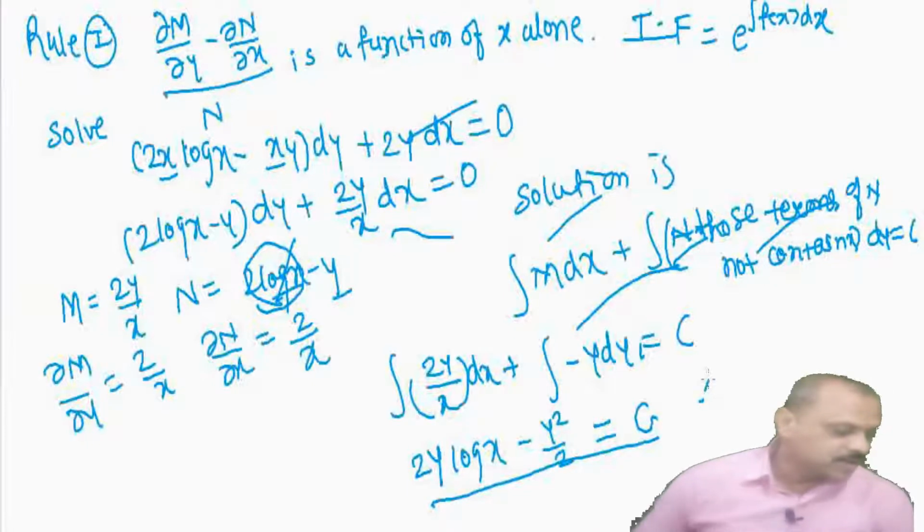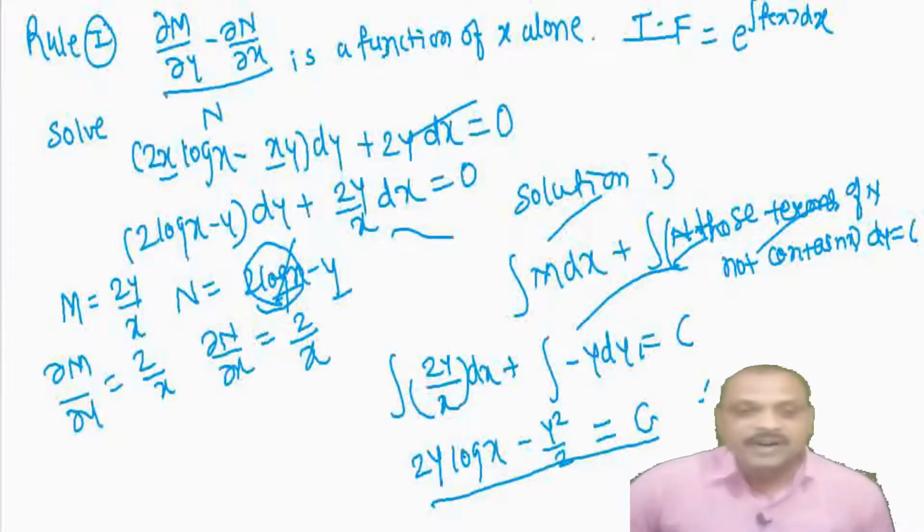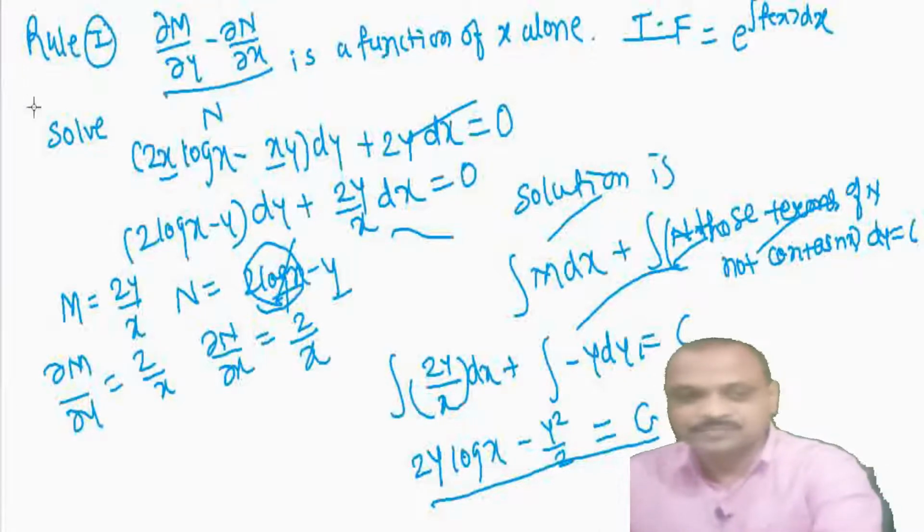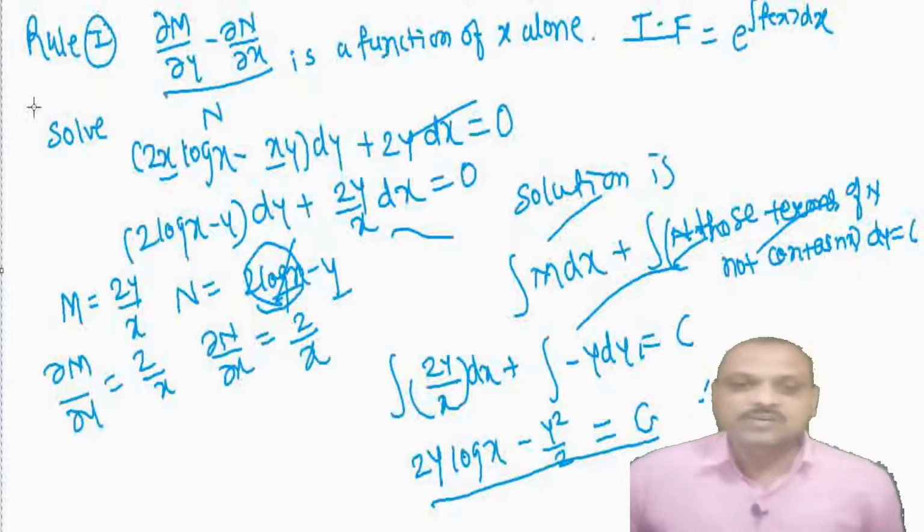Okay, right. So let us see the next rule for finding the integrating factor. This is the one rule. This is a very simple rule. Similarly, the second rule is also very simple. What is that rule?